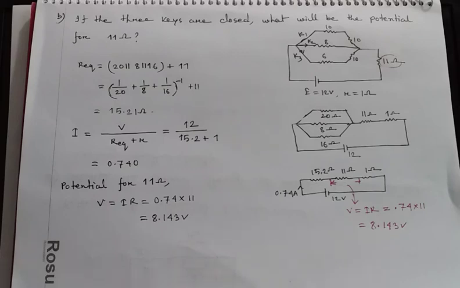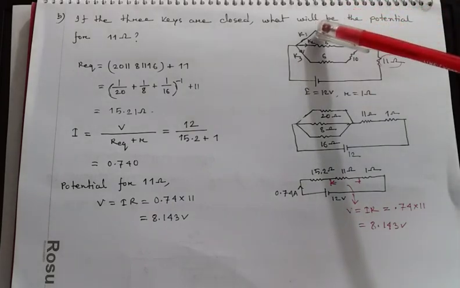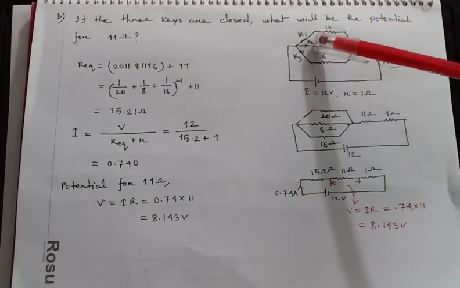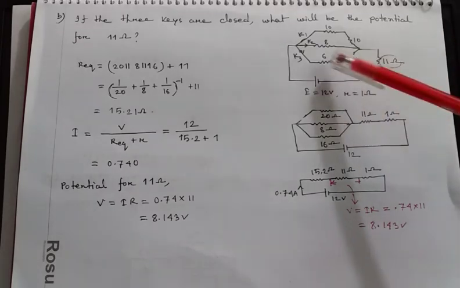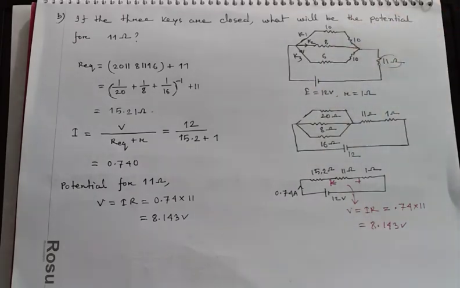For example, if key 1 is closed and key 2 and key 3 remain open, then in that case the total current will be changed. The current for the 11 ohm and for every resistor will be changed. So you try to solve such problems for different combinations.